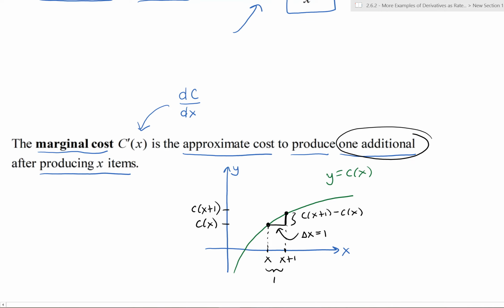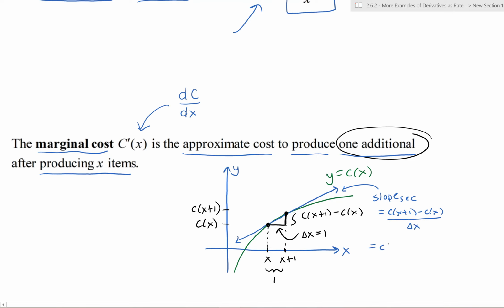And you say, okay, well, I could do my thing like we were doing in many previous situations and draw the secant line that goes through both of those. The slope of the secant line there is going to be equal to C of x plus 1 minus C of x, the change in output, over delta x, but that's just equal to 1, right?